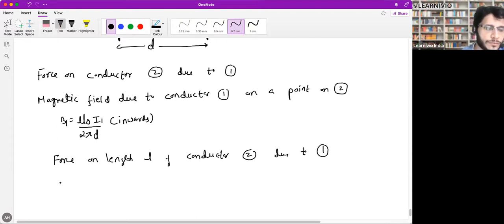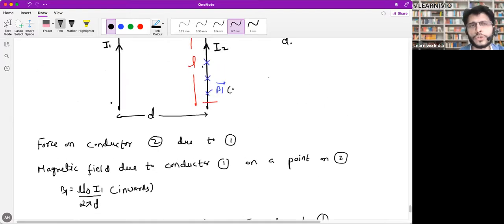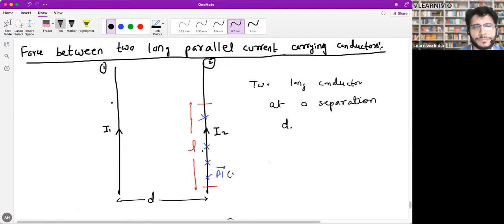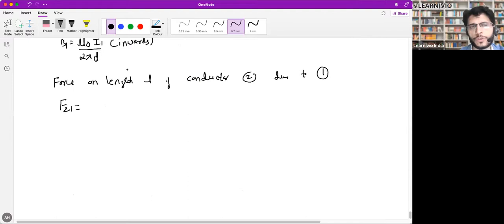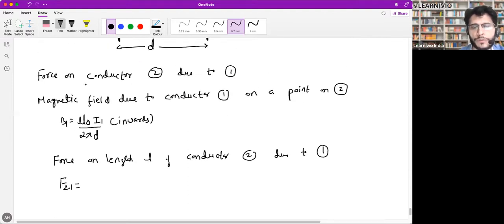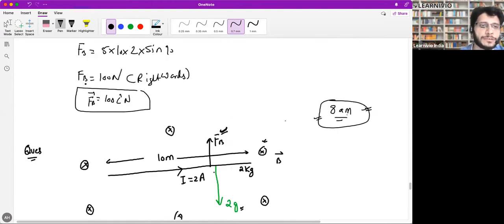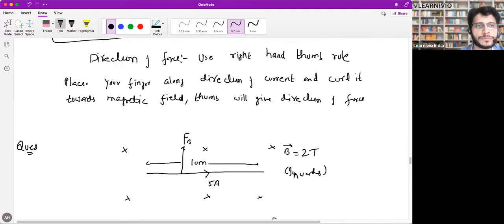We call this F21. Which formula will you use to calculate F21, Abdullah? ILB sine theta. We'll be using this relation.